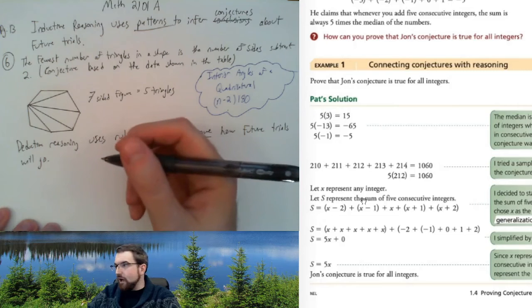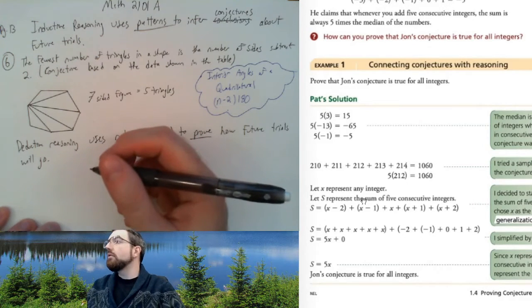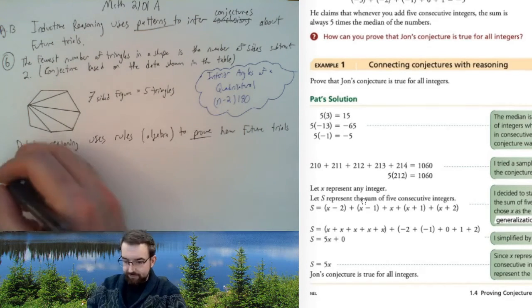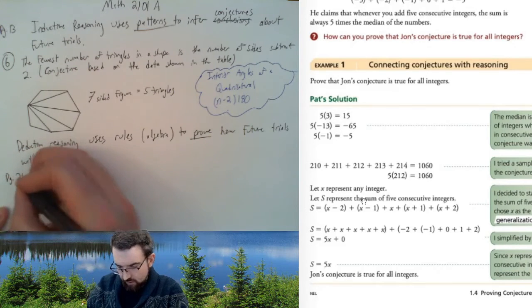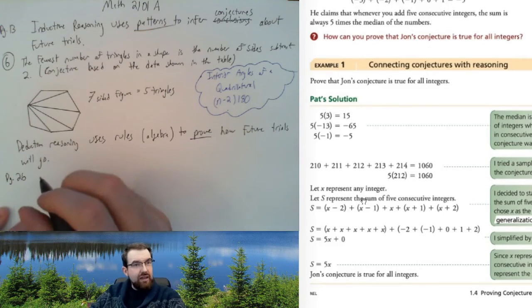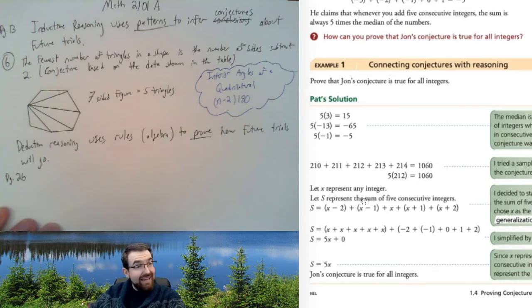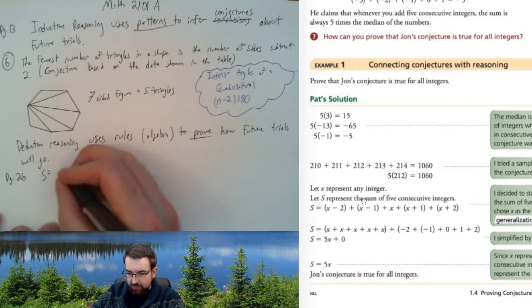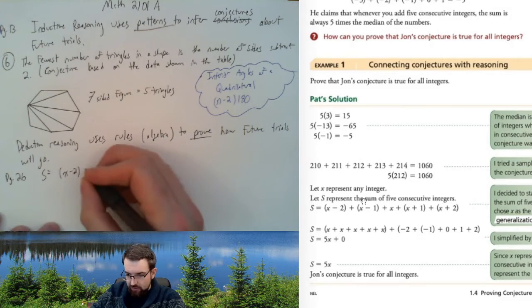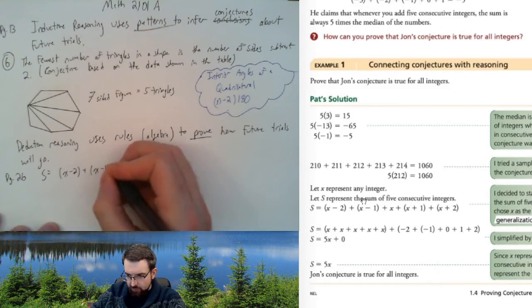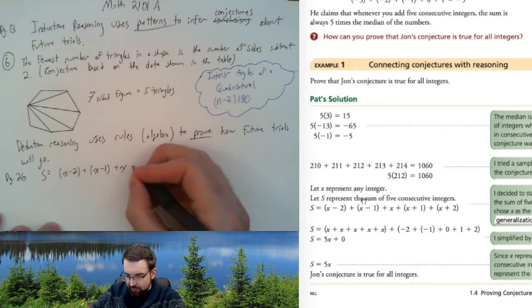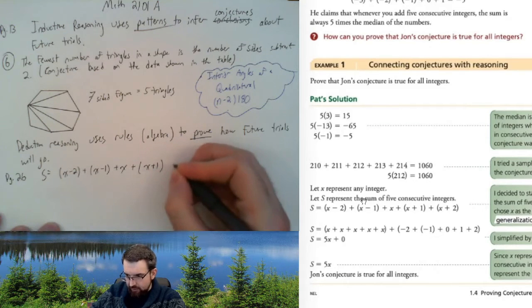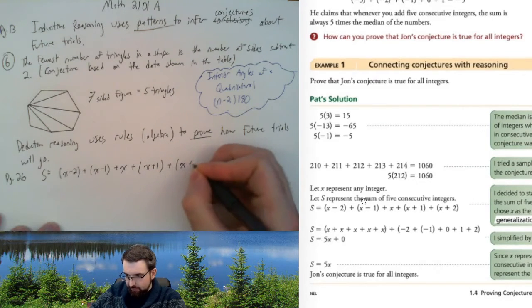So here on page 26, what John said was that he was going to add together 5 consecutive numbers. So the sum of those numbers was going to be x minus 2 plus x minus 1 plus x plus 1 plus x plus 2.